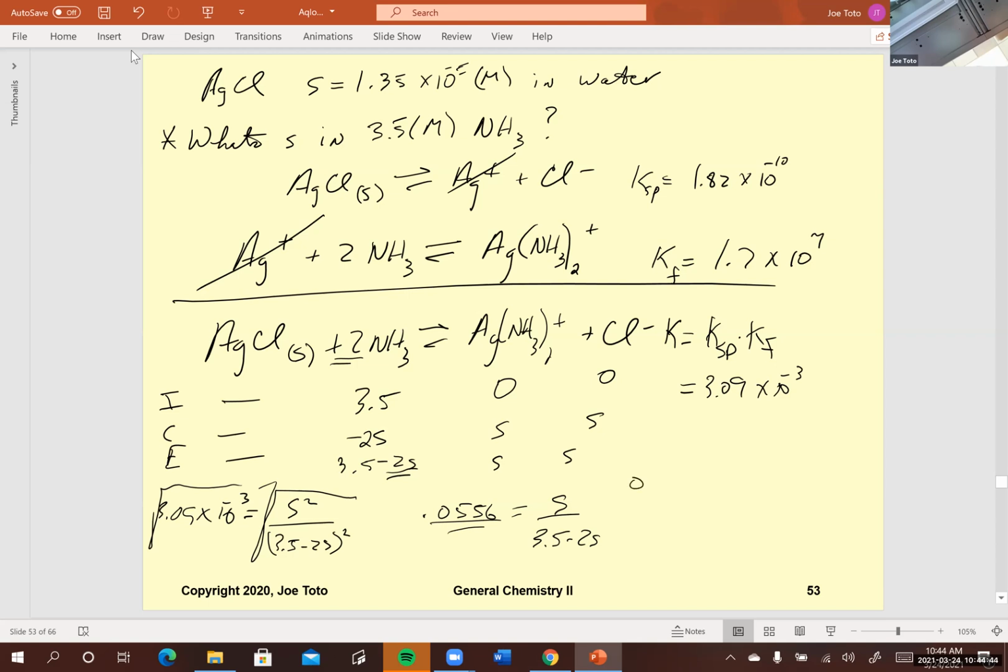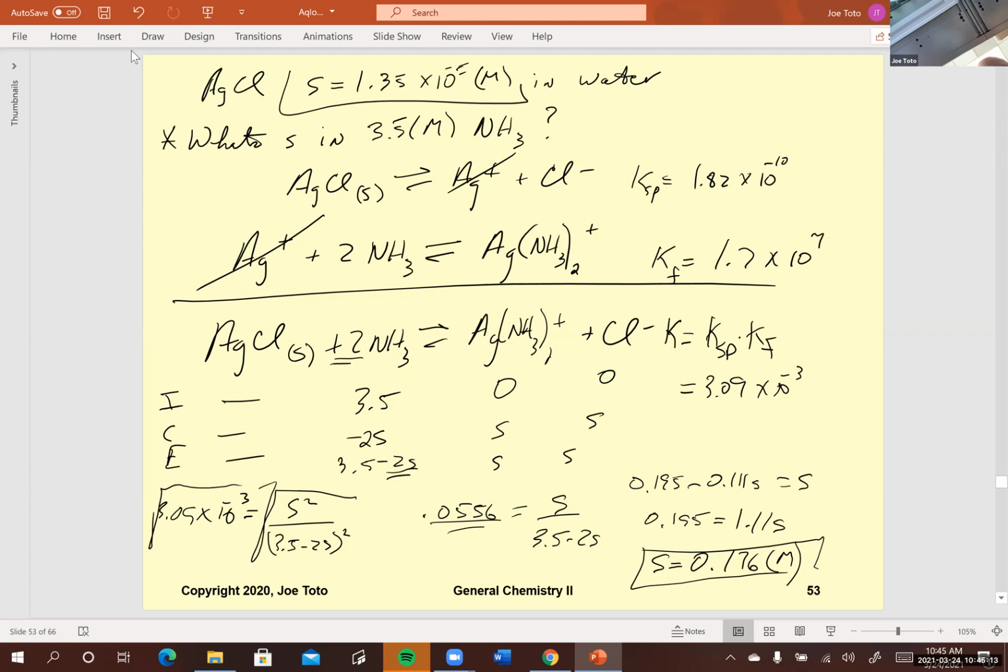So I'd get 0.195 minus 0.111 s equals S, or 0.195 equals 1.11 s, or S equals 0.176 molar. So you see the solubility increased drastically from when it's in pure water versus when it's in 3.5 molar ammonia.